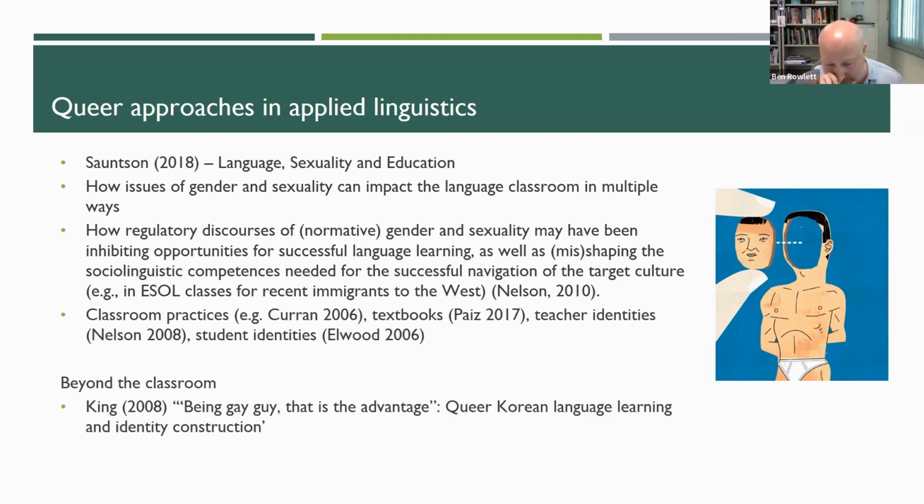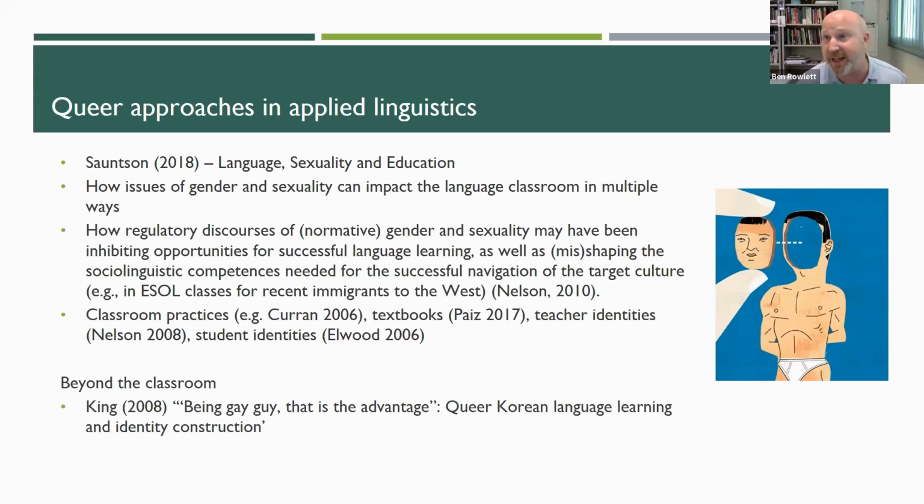But beyond the classroom, a seminal study by Brian King at HKU looked at how queer Korean male students sought out language learning opportunities through their relationships with English-speaking men. This allowed them to access English-speaking social networks and provided them with the opportunity to learn the language informally and successfully.